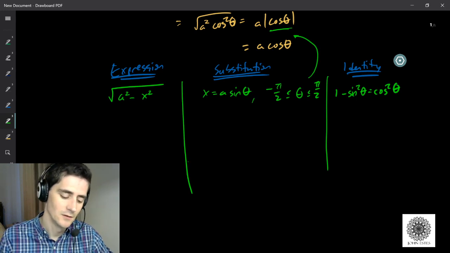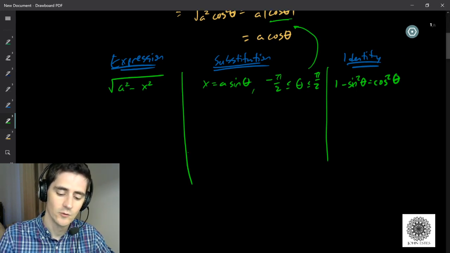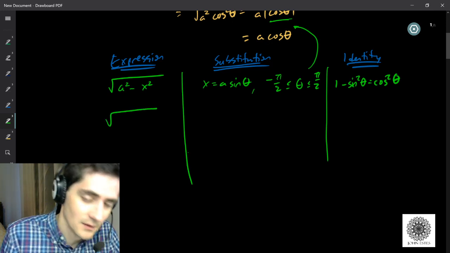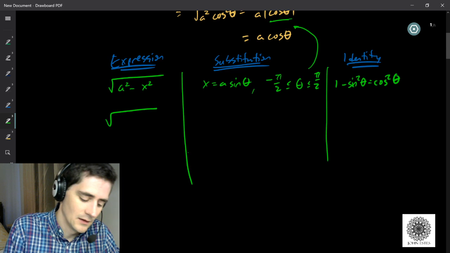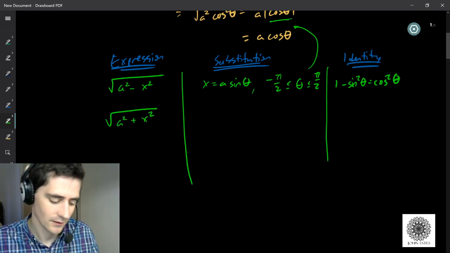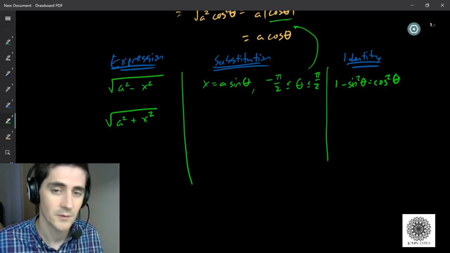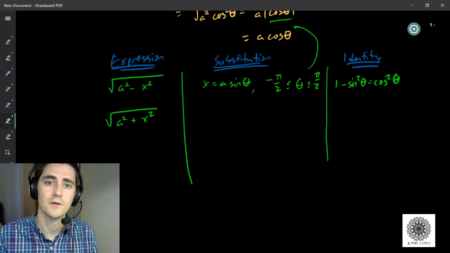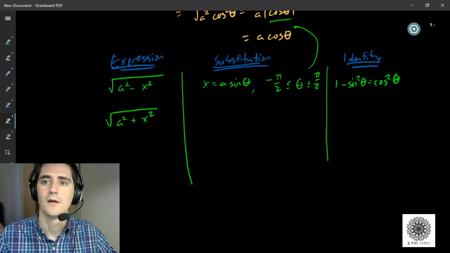So if you draw a triangle, it can make some of this even more clear than just memorizing this table, which is what I recommend. I recommend that you understand how to build a triangle, because to be honest, sometimes I forget, just looking at, for example, the square root of a squared minus x squared, that I need to let x be a sine. But if I can build the triangle myself, it makes it a lot easier on me.